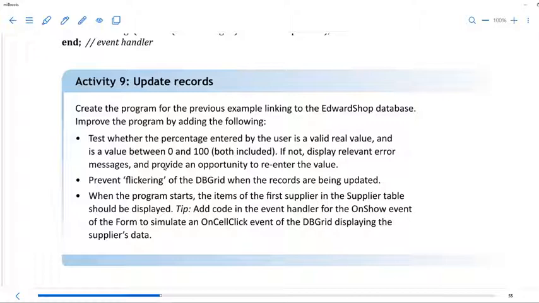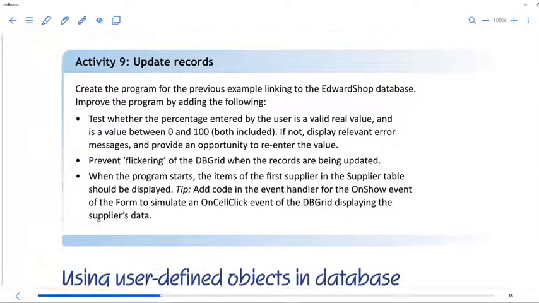But you most probably, once you've downloaded it, will have to relink the database because it went now from my computer to the drive to your computer, etc. It is also, I believe, compressed, so just extract the files and then relink the database. Right, so activity 9, that's all I'm expecting of you to complete.